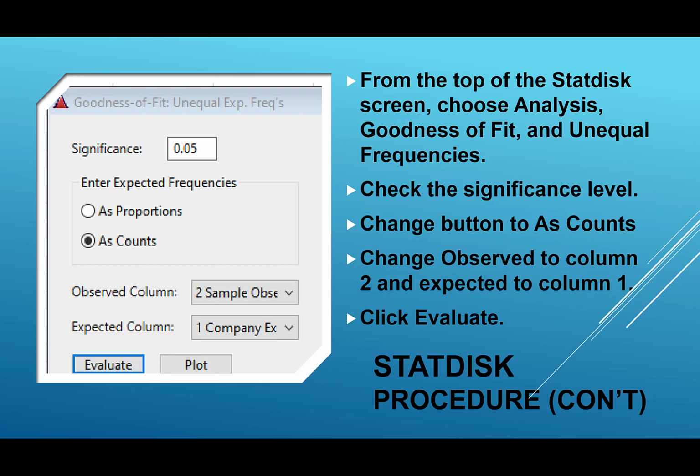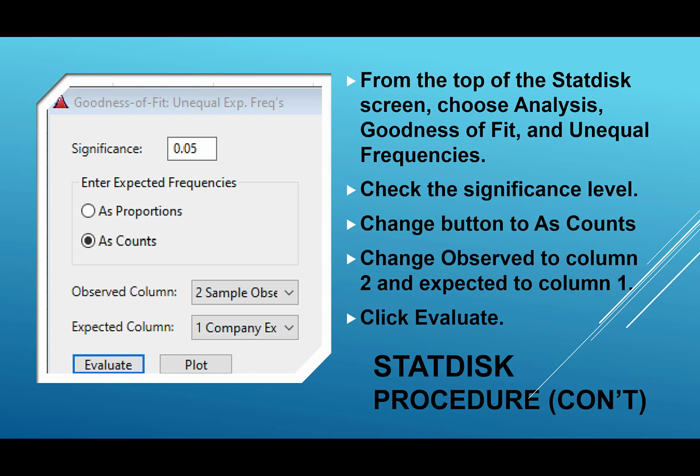So you have to be careful if you have a different significance. Now we don't, so we can leave it as 0.05. Then the default for the expected frequencies is as proportions. However, we did ours as counts, so we're going to need to change that button to as counts.